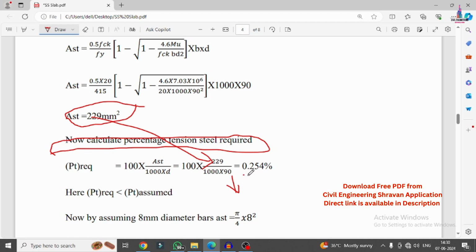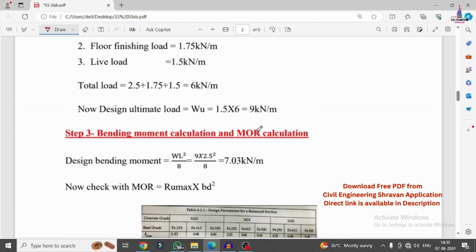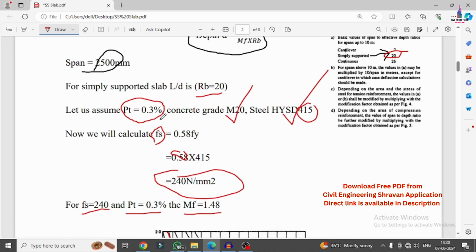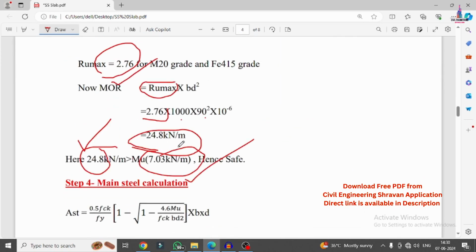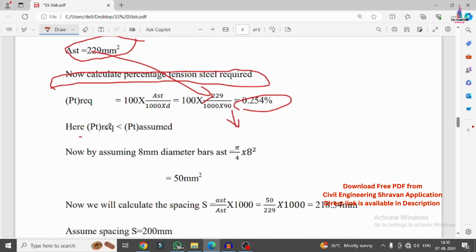So this comes to 0.254 percent for the slab section. Here we assumed the pt value is 0.3, as taken in step number 1. The percentage of tension steel required is 0.254, which is less than the assumed value, hence it is safe.